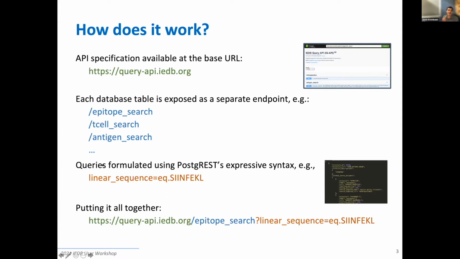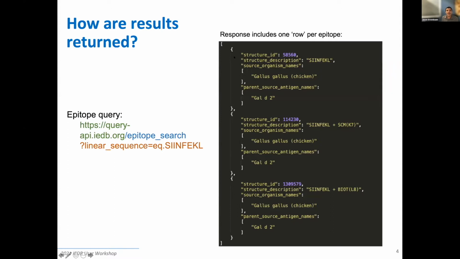So say you want to search for a particular linear sequence, you just add the field that you want to query and the value that you want to query for. And then I'll get into this weird EQ operator in a couple slides. When you put that all together, you have your base URL, the table that you want to hit, and your particular query. And that should return something that looks like this.